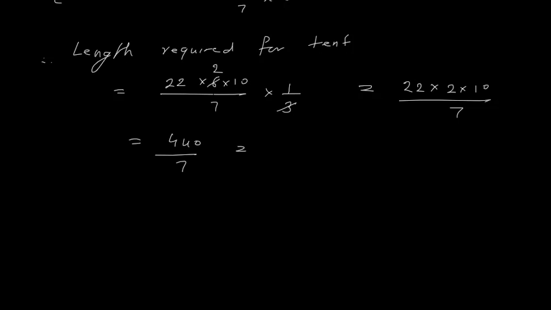Now we will divide by 7. 7 5s are 35. 7 6s are 42. 7 8s are 56. So 62.85, I will say, meter is the length required.